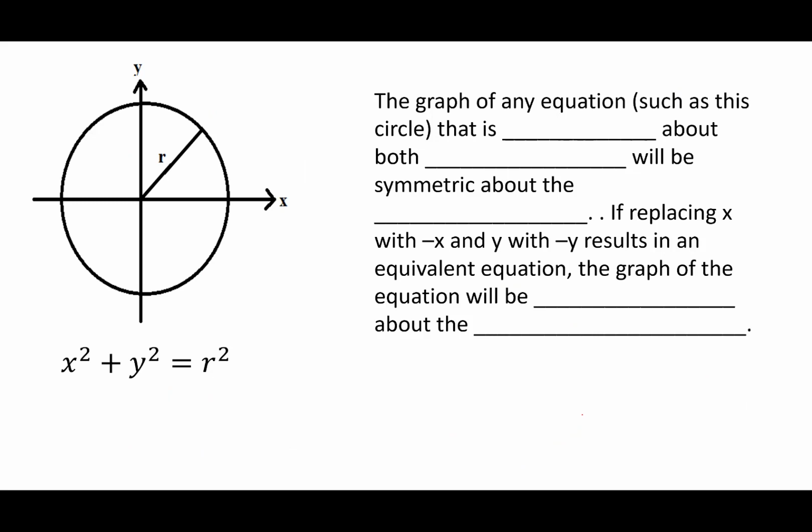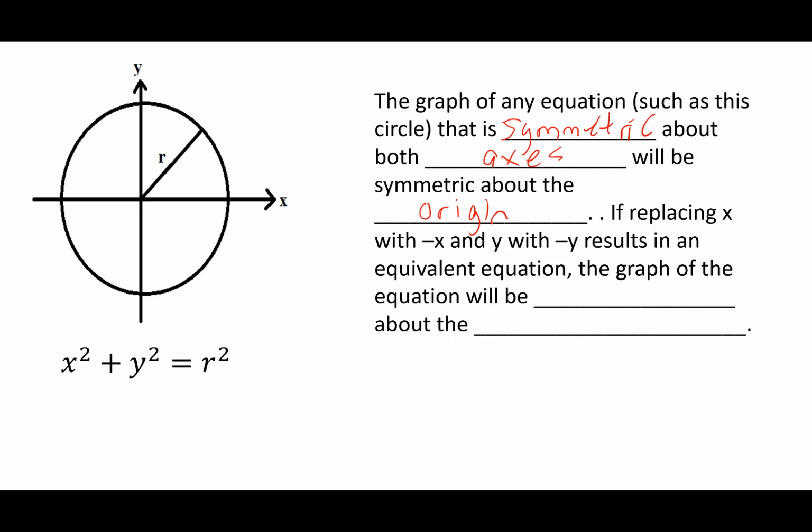All right, the graph of any equation such as this circle that is symmetric about both axes, the x and the y-axis, will be symmetric about the origin. We say it's symmetric about the origin.